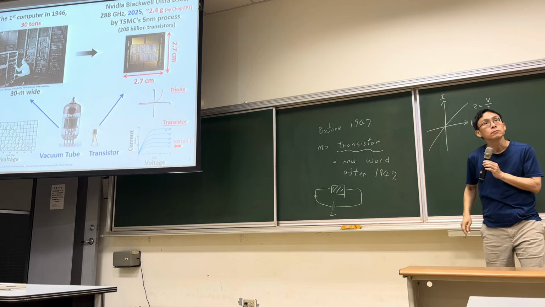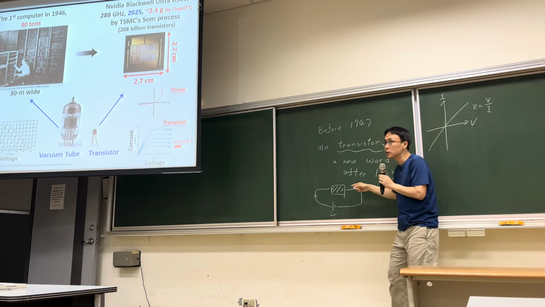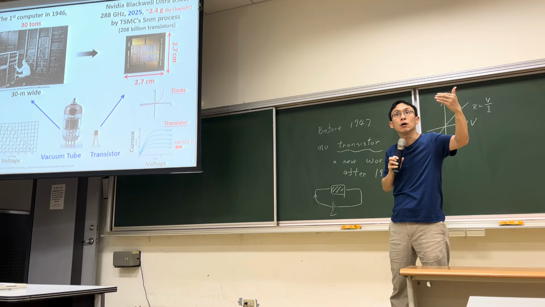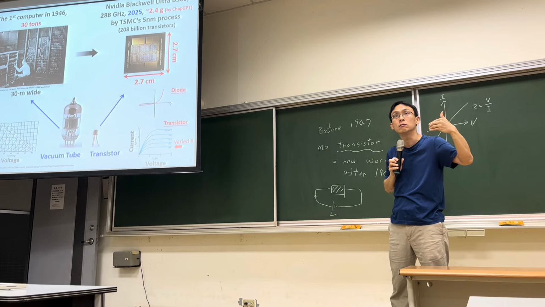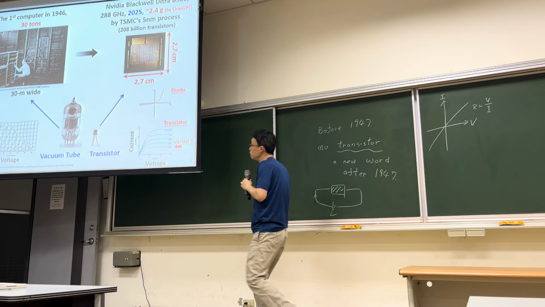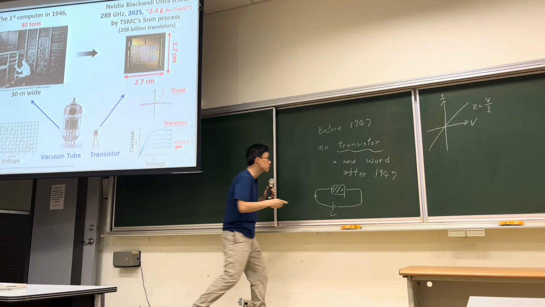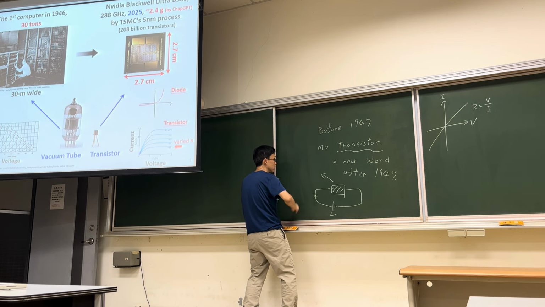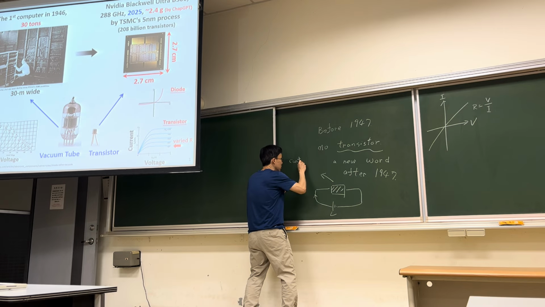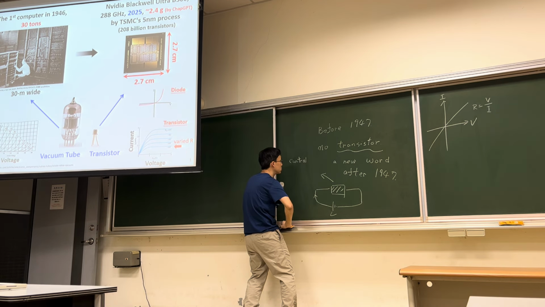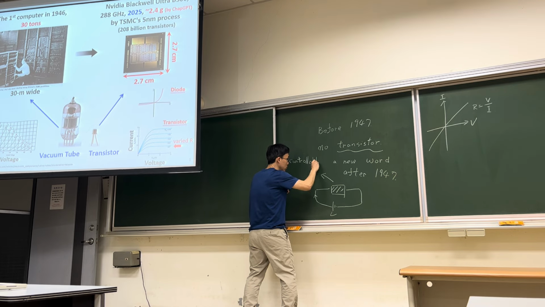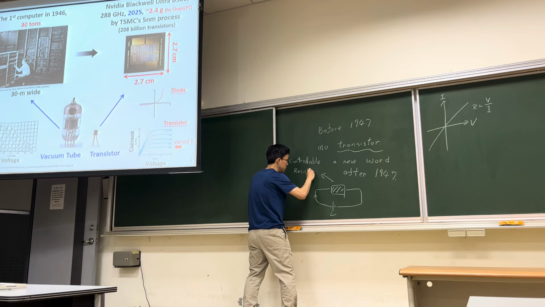Right? But if this resistance is controllable, you can have more combinations of circuit design or application, right? So if you try to build something with a controllable resistance, right?